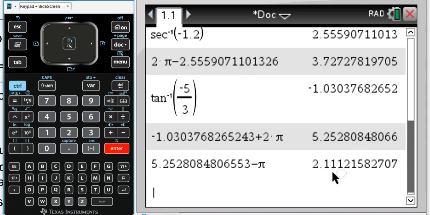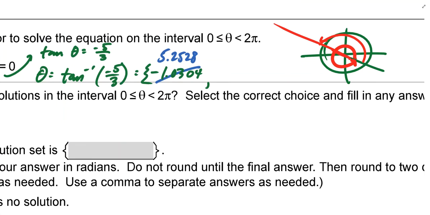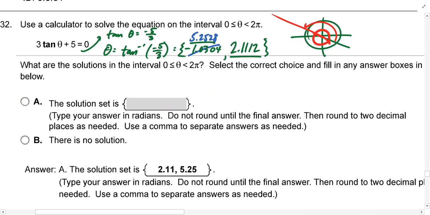And this gives me the other angle measure on the opposite side of the circle, 2.1112. So I like this solution and this solution. If we check against our answer key, yep, I think we got them.